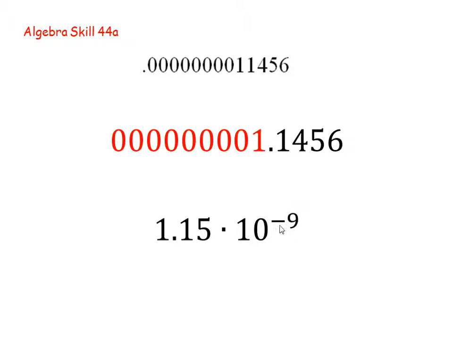The reason it's a negative 9 is because I put the decimal point here, but it started way back here. So if I move backwards, 1, 2, 3, 4, 5, 6, 7, 8, 9, that needs to be a negative 9 for the exponent. So I'd move this backwards 9 times.